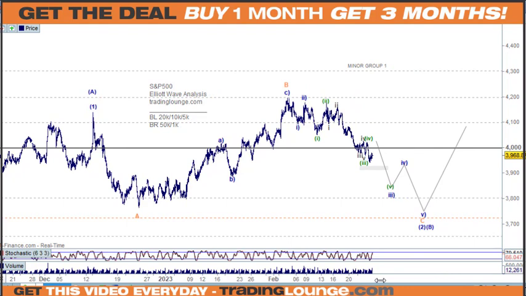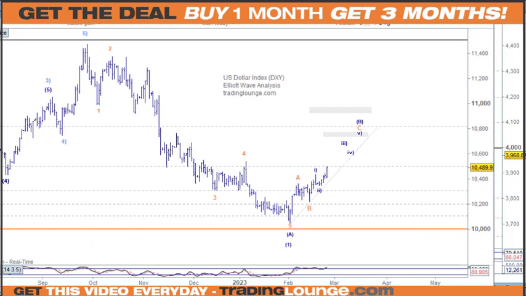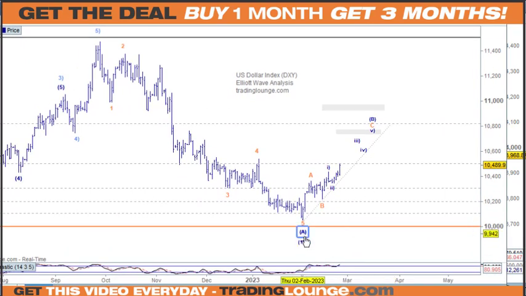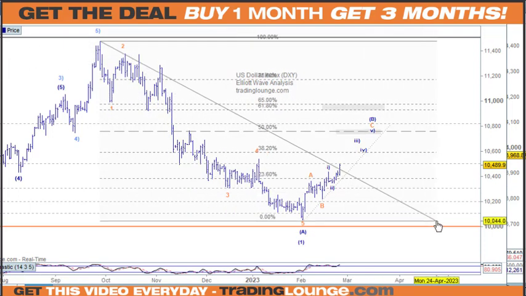And this one's not that silly really, because when we look at this here as wave 1 or wave A, and then an A and a B wave here, and then a C wave coming deeper down into this area, it's not so silly, because when we think about the US dollar here, we're counting 5 waves down here for wave 1 or wave A, and then an A and a B, and then 1 and 2 and 3 and 4 and 5 into the 50, 60% retracement level area for this return here, and then we'll see a move down.